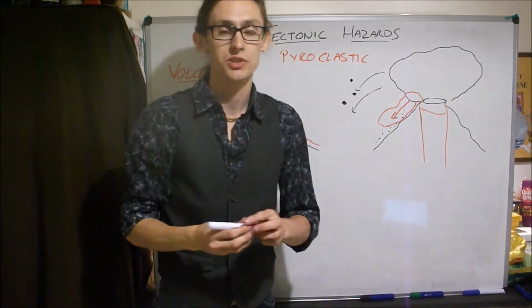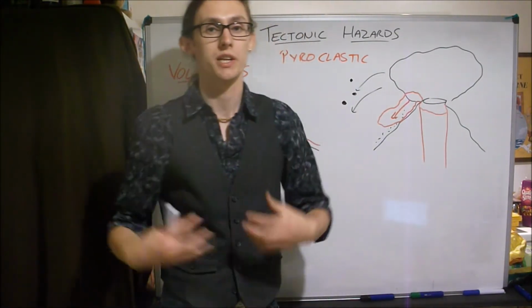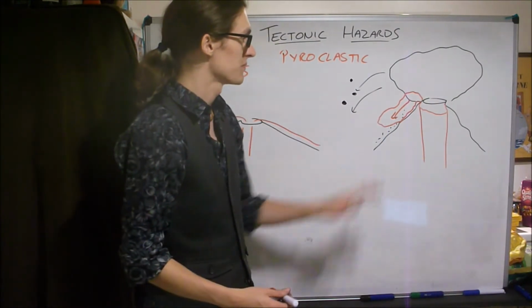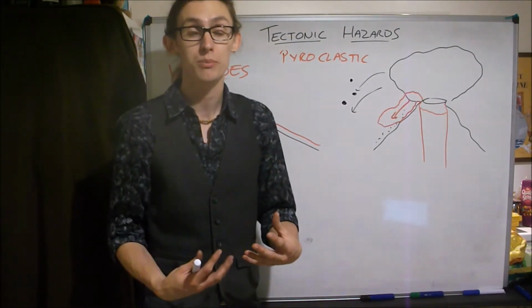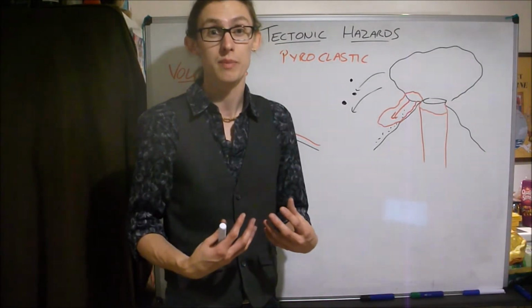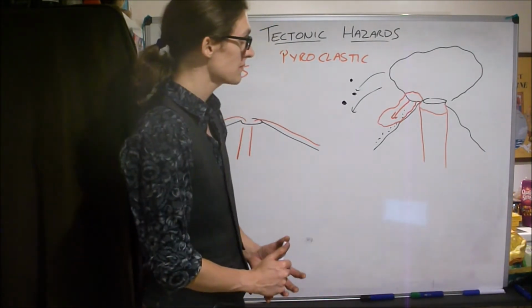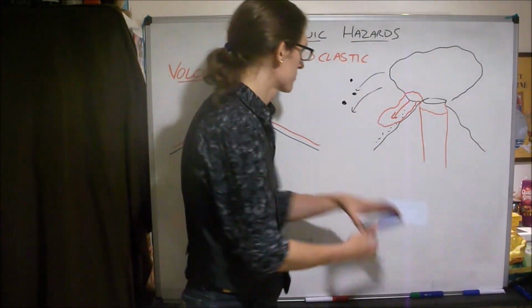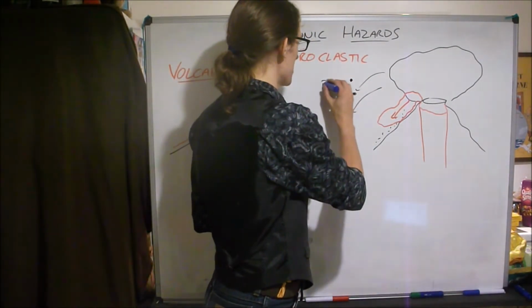And clastic is due to the fact that it's crashing, it's colliding, it's racing down the hillside. And that's very, very dangerous because it's hugely high temperature, and it will burn you very badly, and it'll kill you.